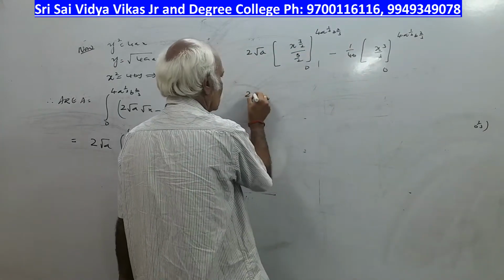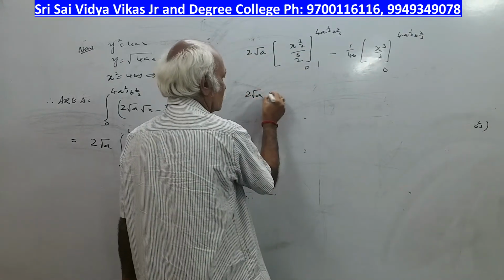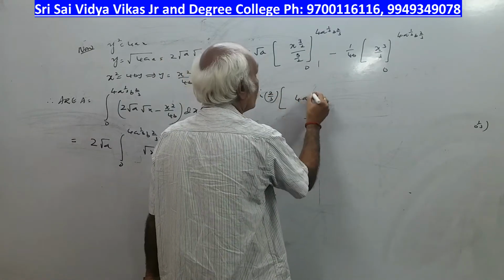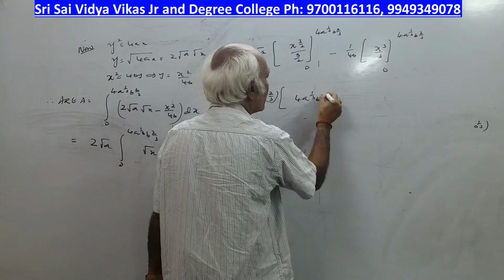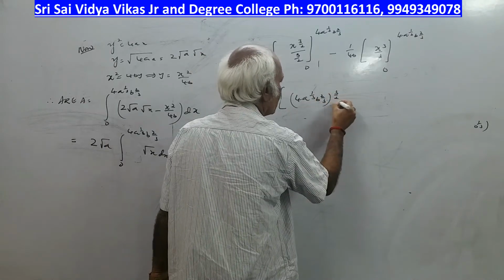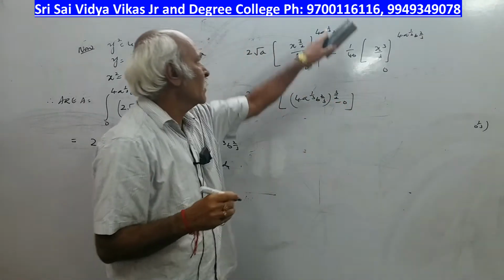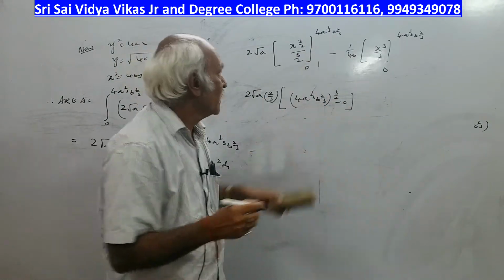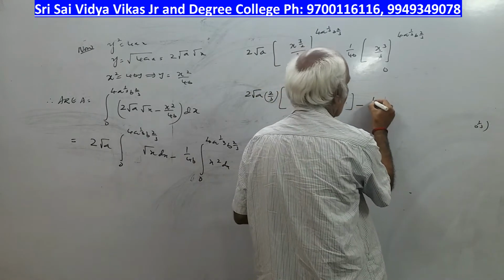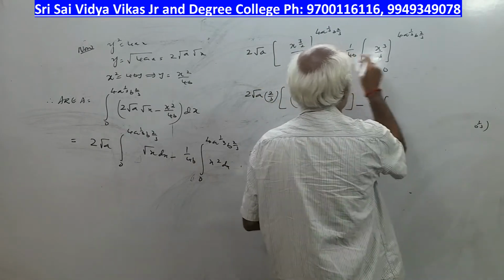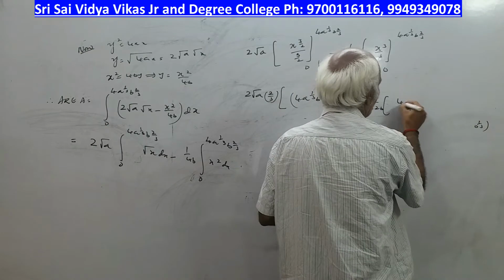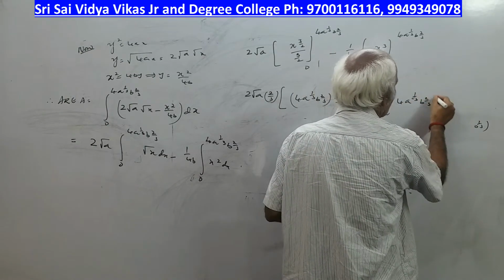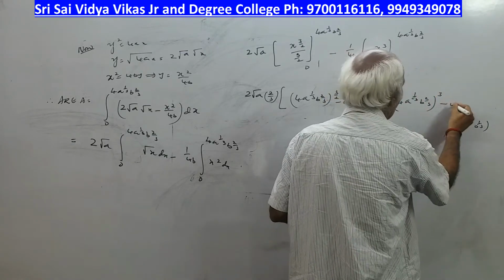So this will become 2 by 3, upper limit 4a power 1 by 3, b power 2 by 3 whole raised to 3 by 2. How has this come? Upper limit is 4a power 1 by 3, b power 2 by 3 whole raised to 3 by 2, minus 0, minus 1 by 12b because 3 into 4b, (4a power 1 by 3, b power 1 by 3) whole cube minus 0.